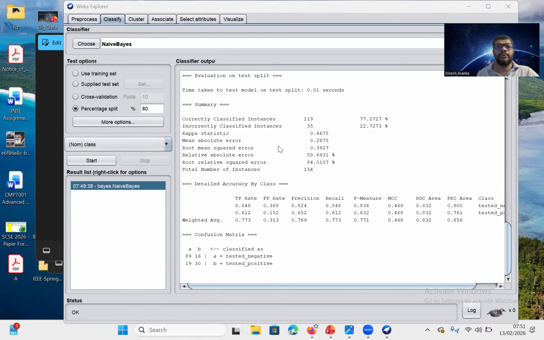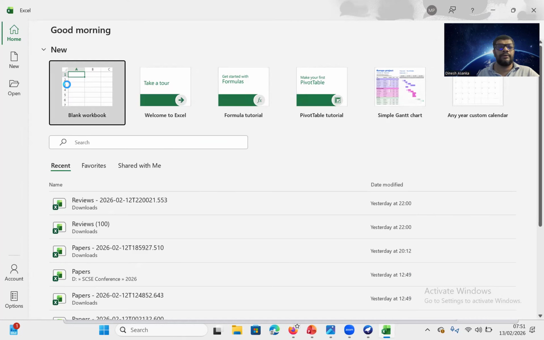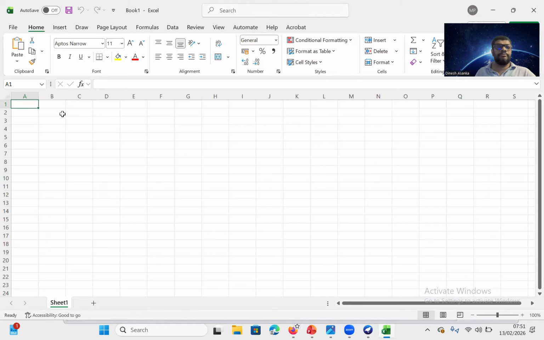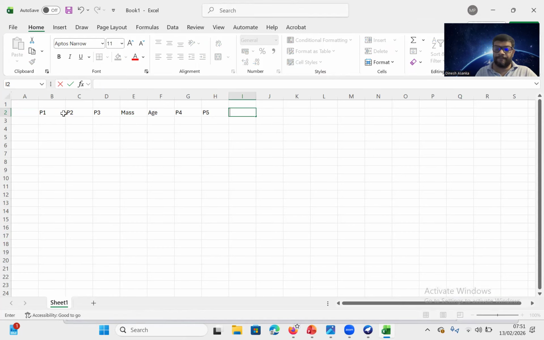If you look at the dataset, we have a few parameters, parameter 2, parameter 3, and we have the mass, age, and a few more parameters. I can't remember those parameters.